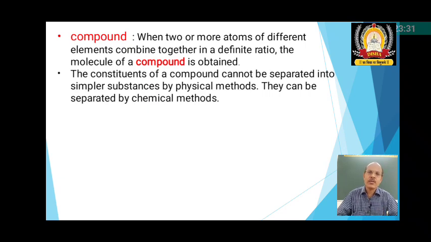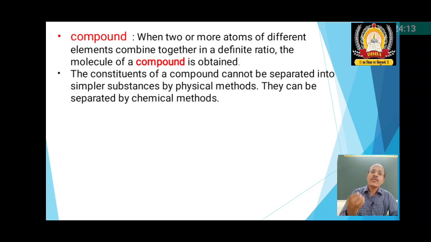Once hydrogen and oxygen combine to form water, you cannot easily separate hydrogen and oxygen from that water by physical methods. Physical methods means separation, filtration, sublimation. All these physical methods cannot be used to separate the constituent particles of a compound, but they can be separated by means of chemical methods.